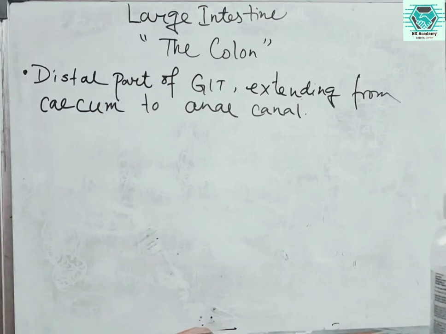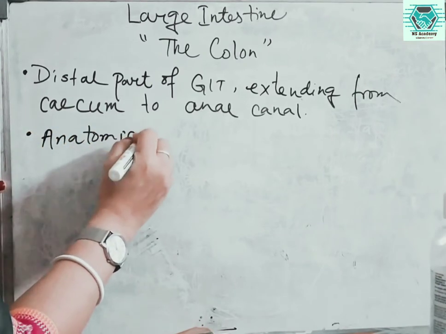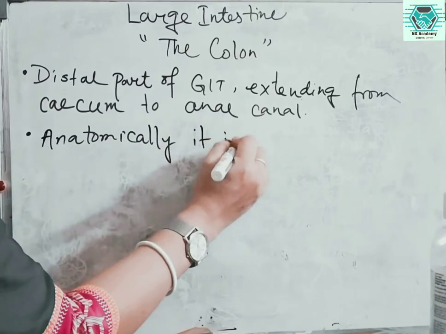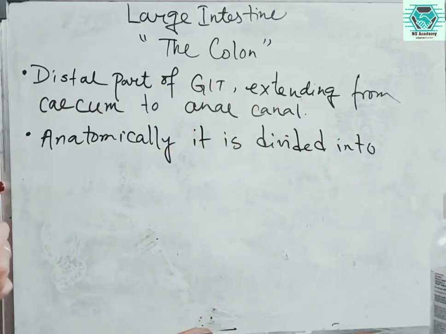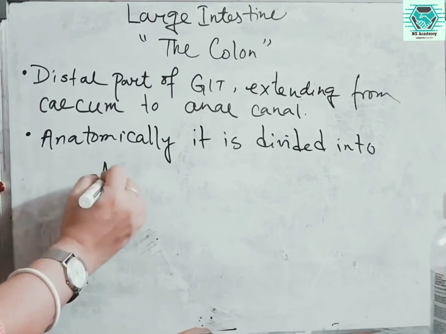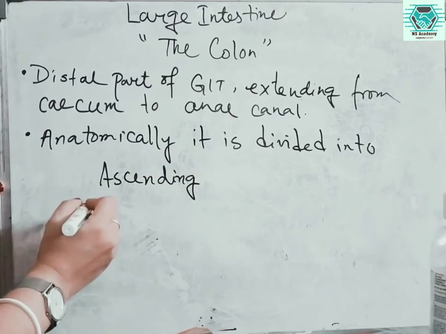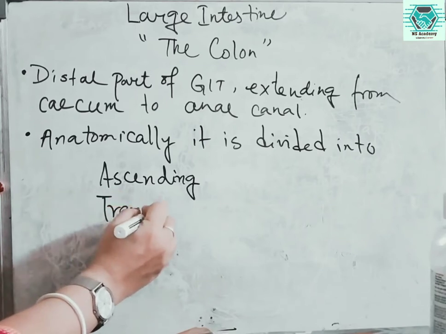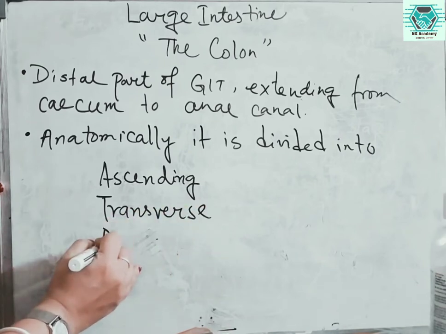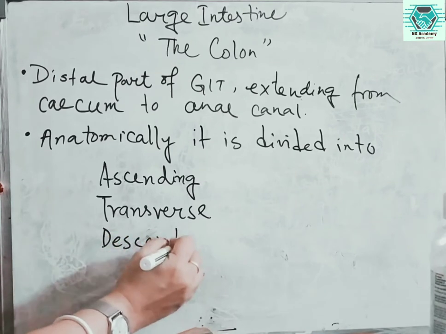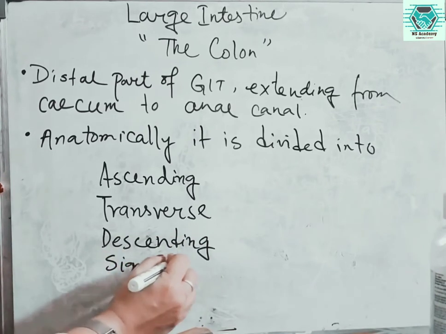Anatomically, the colon can be divided into ascending, transverse, descending, and sigmoid part.